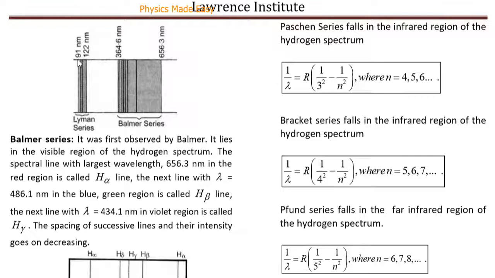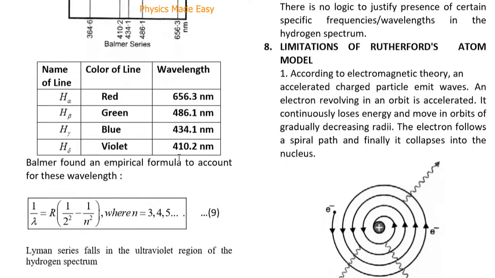He has shown Lyman series 91 nanometers to 122 nanometers, and then Balmer series 364.6 nanometers to 656.3 nanometers. So from roughly 90 nanometers to 120 nanometers, you can say Lyman series, and from 364 nanometers to 656 nanometers, you can say Balmer series.